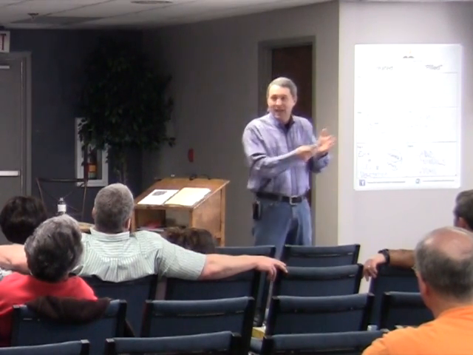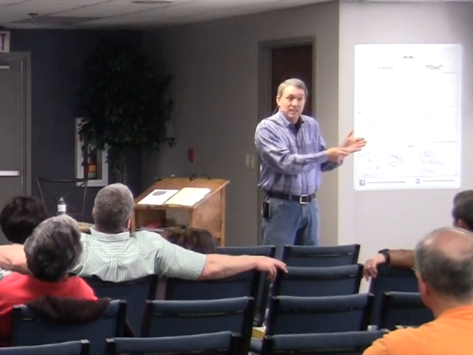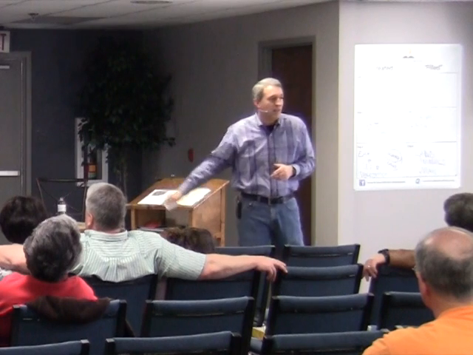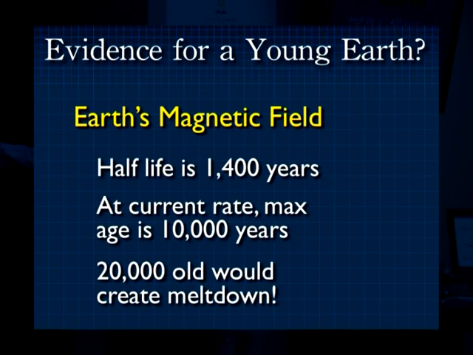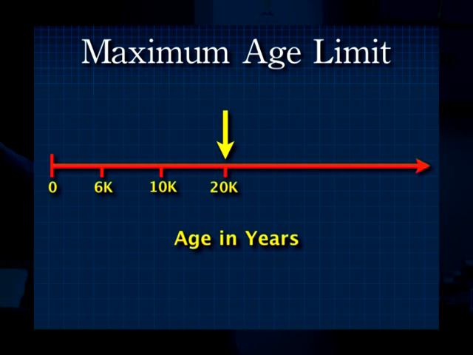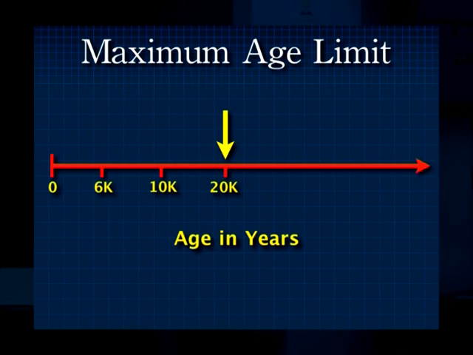So there's an upper limit to how strong the magnetic field can be. And if I calculate how strong that is at this rate of decay, I can only go back about 10,000 years. At 20,000 years, the Earth is melted. Well, now I've got a real limit, don't I? Now I'm saying that the max age for the Earth is 20,000 years, and that's being generous.